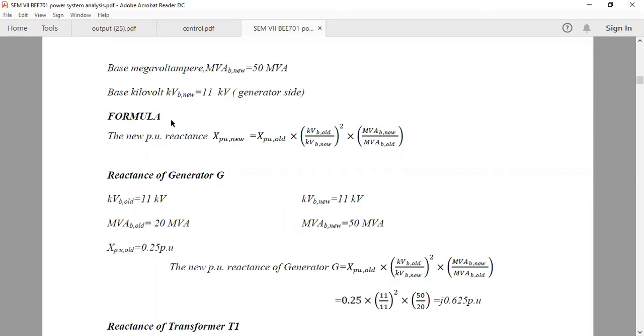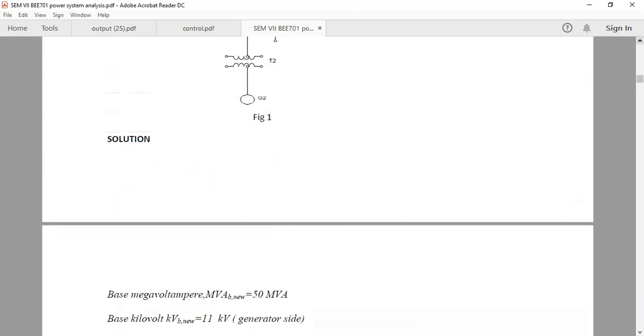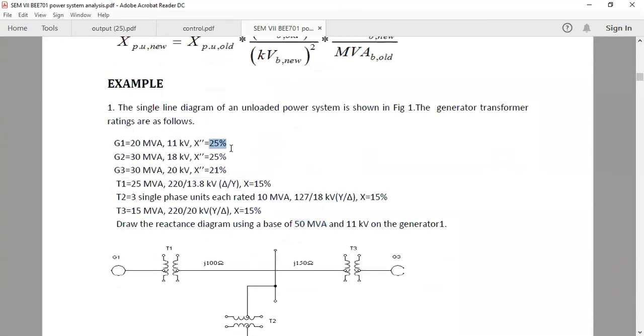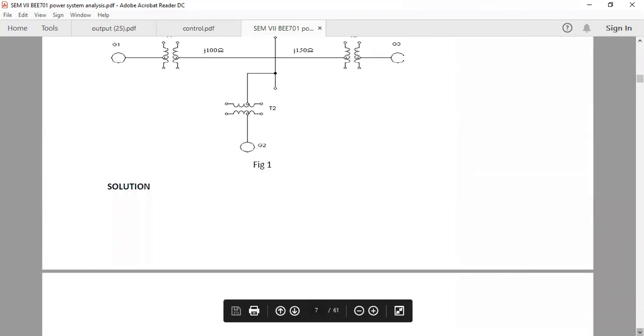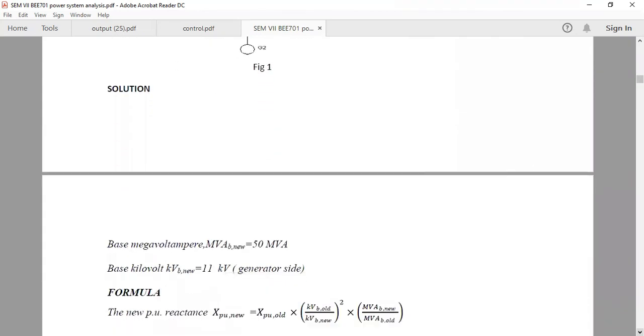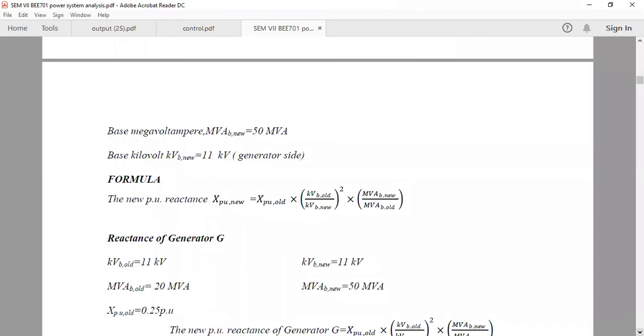The formula for the calculation of the new per unit reactance, that is the change in the base, is X per unit old, because the values of the reactances are given in percentage, meaning they have their own base. So we consider that they already have a base, and now for the system we are taking new base values, that is 50 MVA and 11 kV on the generator side in terms of voltage.